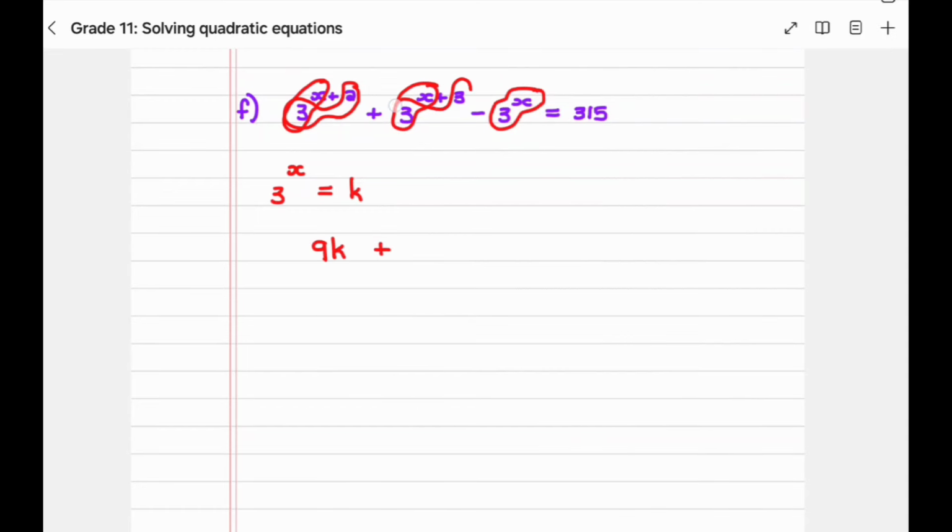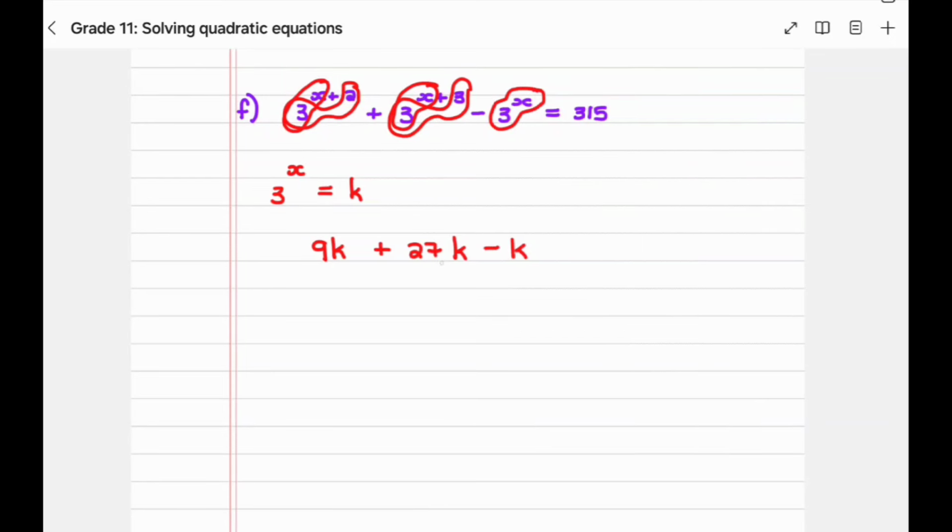And over here, 3 to the power 3 is a 27k. And lastly, minus k. So I want to quickly see, did I do something wrong? No, I didn't. 3 to the power x becomes k. Then what's left attached to it is 3 squared, which is a 9k.